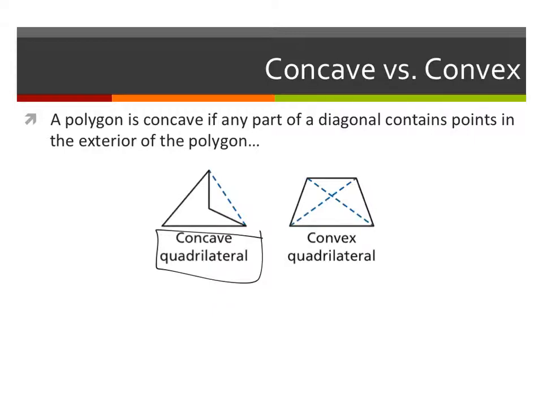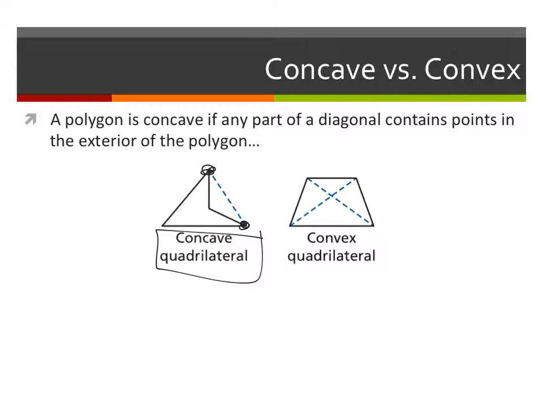The official definition is that a polygon is concave if any part of a diagonal, which just connects two vertices, contains points in the exterior of the polygon. Do you see how when we connect these 2 vertices, the diagonal is outside of the polygon? If that happens for any of the diagonals, then it's concave.